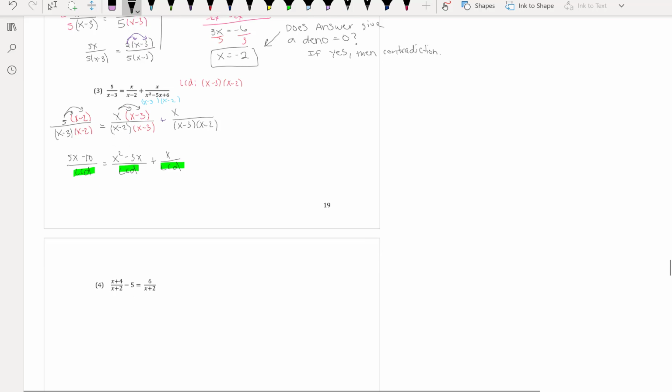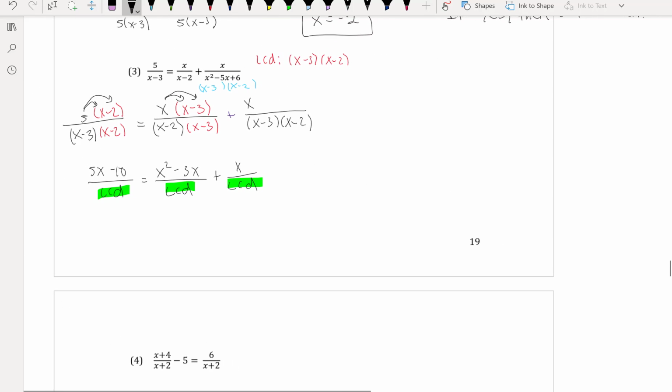So now, the next step, I'm going to have 5x minus 10 is equal to x squared minus 3x plus x. Okay. So now to combine like terms, I have an x squared. Negative 3x plus 1x is a negative 2x.